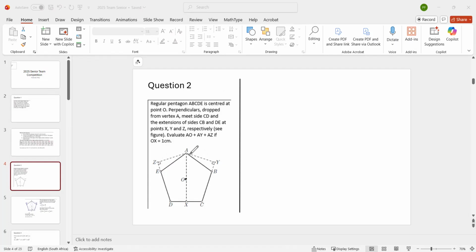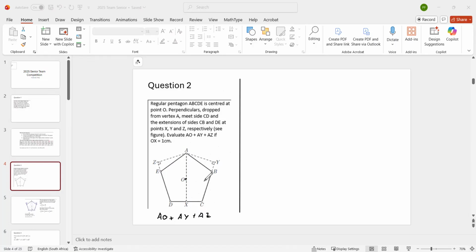And you got these perpendiculars, which are dropped from this vertex. And these points are all named. And the problem is to calculate AO plus AY plus AZ.